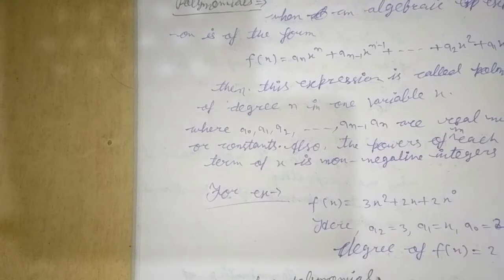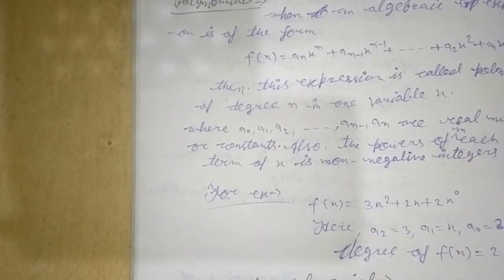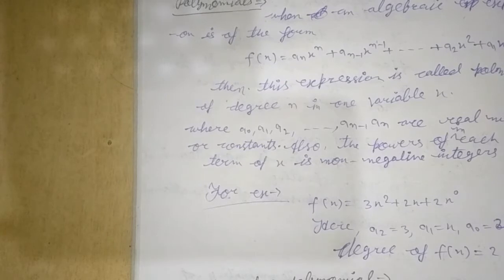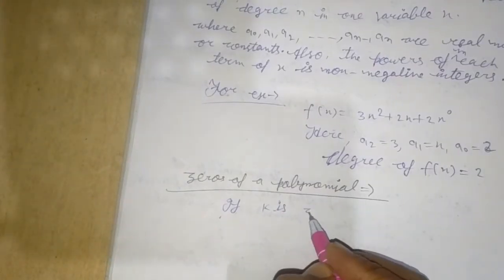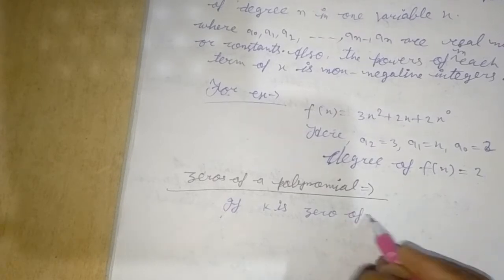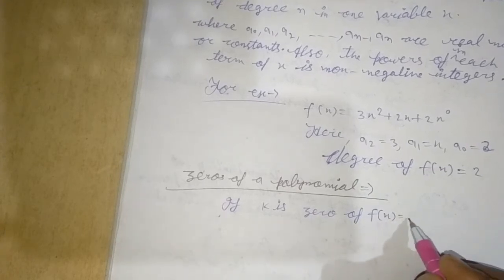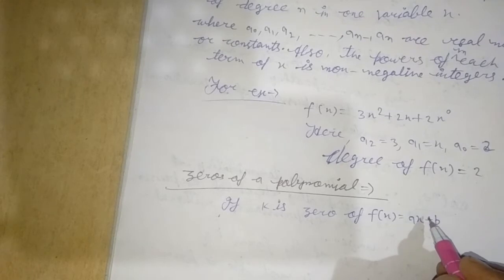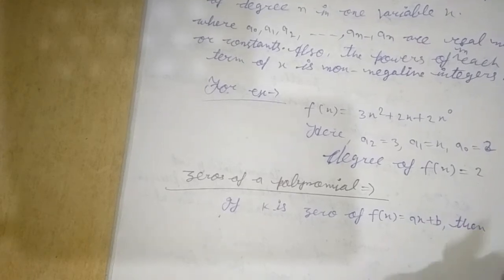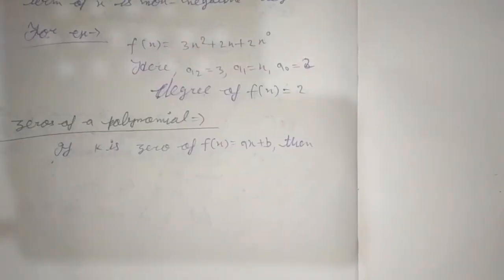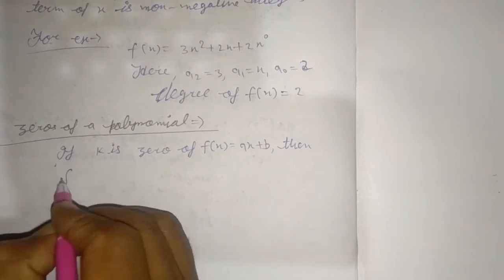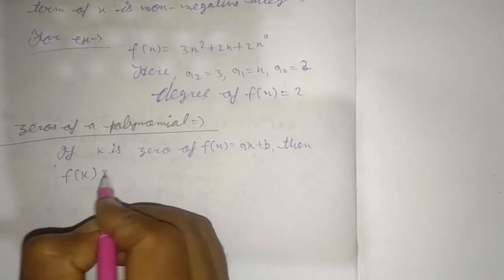Okay, so now look, if k is a zero of f(x) equal to ax plus b, then f(k) equals 0.